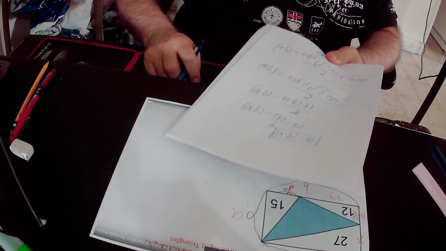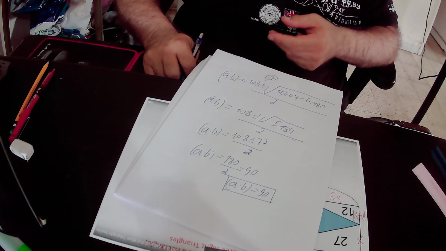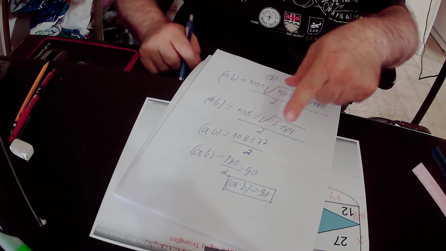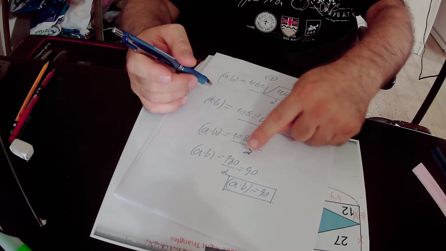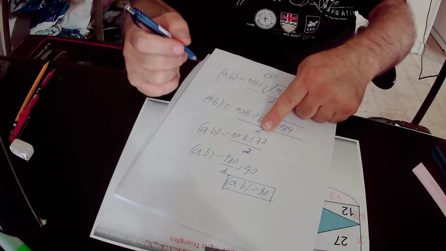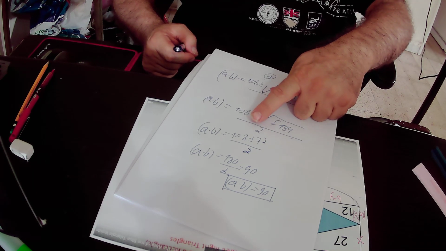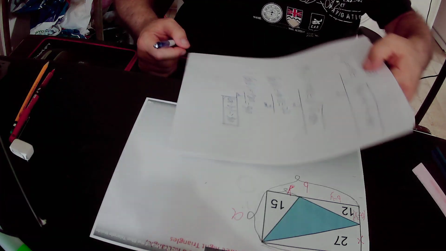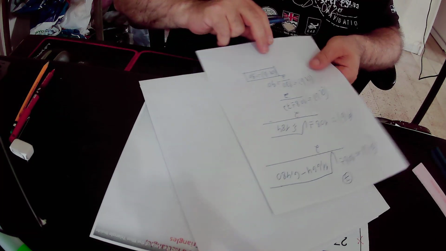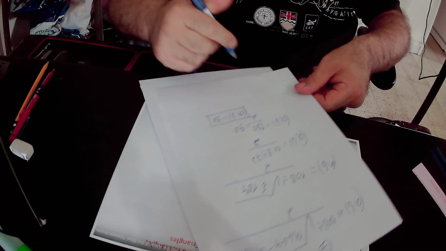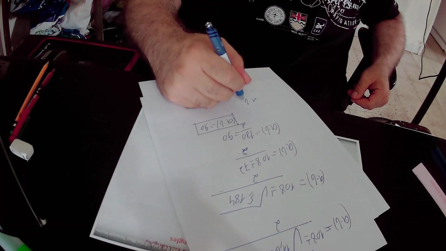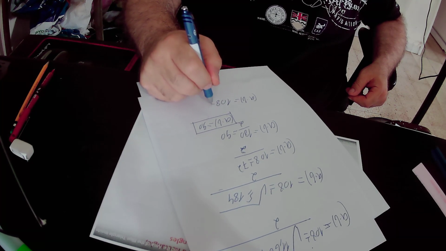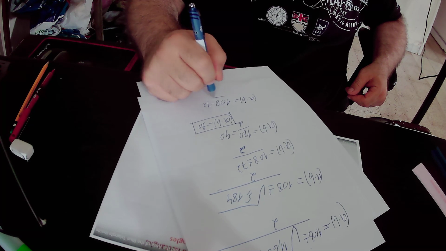But we have another solution. It will be 108 plus 72, and another solution will be 108 minus 72, divided by 2.